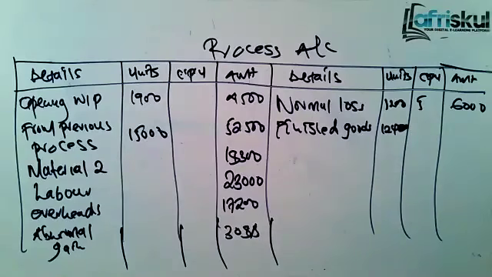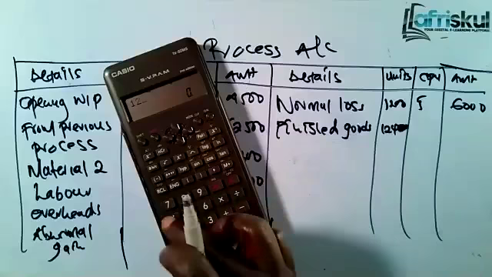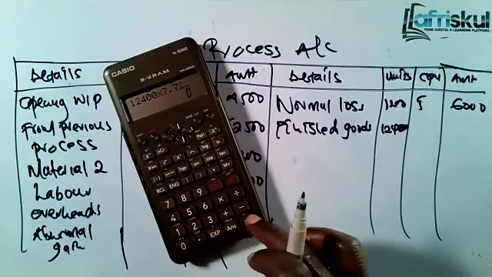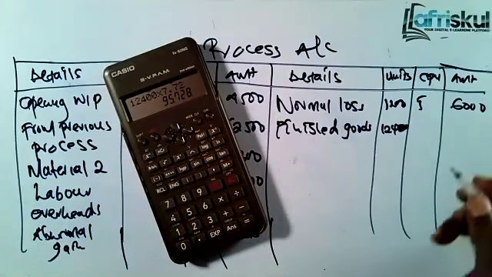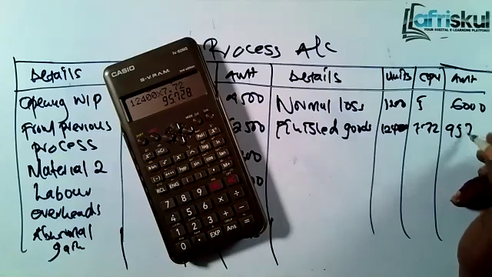You multiply by the 7.72. That was the cost per unit. The total cost per unit was 7.72. So you multiply 12,400 times 7.72. You get 95,728.